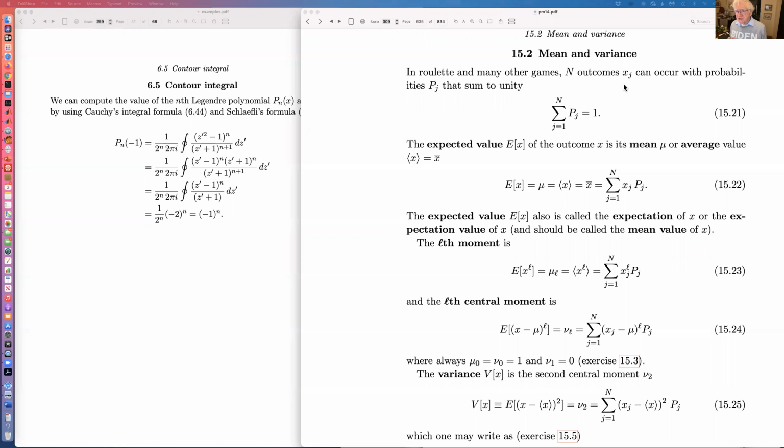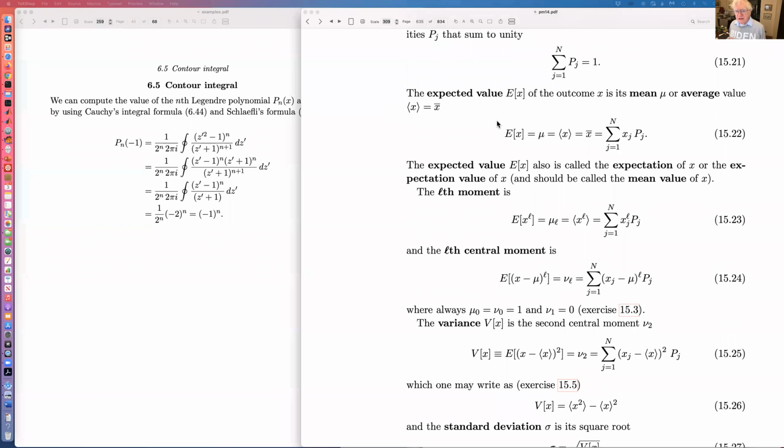In many games, you can have n different outcomes with probabilities pj, and the sum of the probabilities has to be 1. In the lingo of probability theory, E of x is the expected value of the outcome.